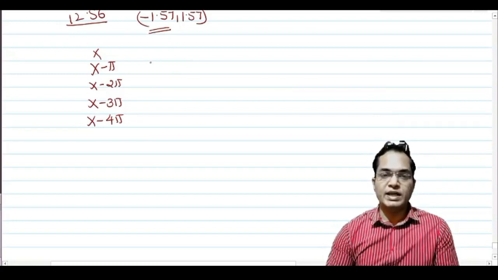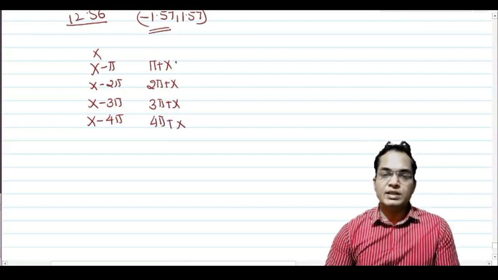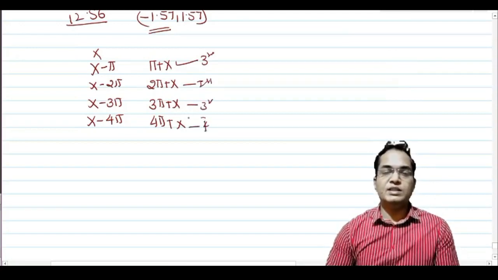You can check that it is π plus x, or 2π plus x. It is again 3π plus x, then 4π plus x. This angle is in the third quadrant. This is in first. Again it is third. This is in first. In first and third quadrant, tan is positive by the rule of ASTC.